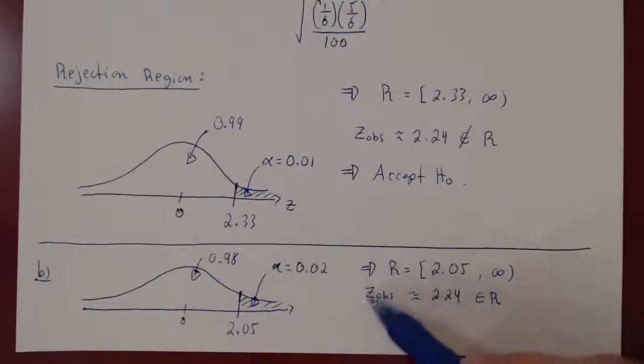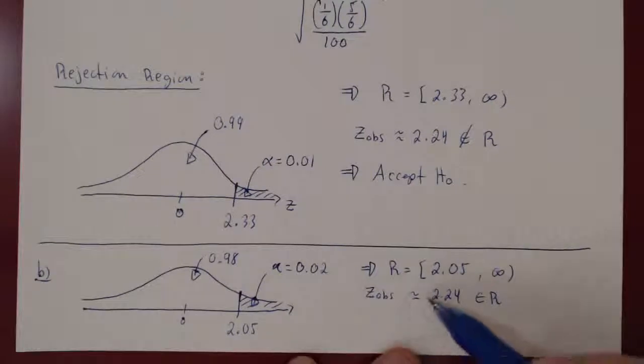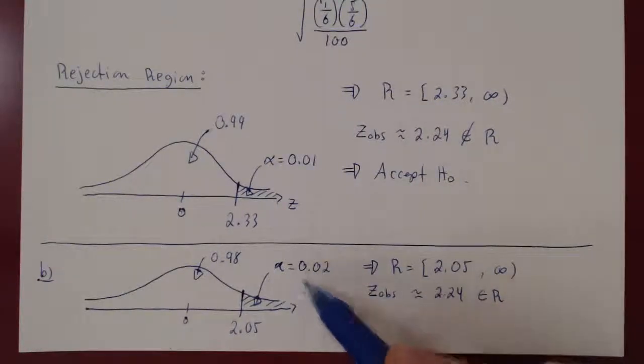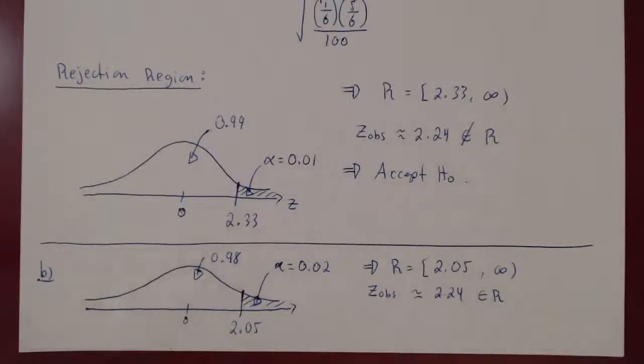So the odds of us observing a value of z of 2.24 are actually less than 2%. And you say, well, that's rather an extreme observation. It's rather an unlikely observation. And so we start doubting the validity of H0, the claim that your friend is not clairvoyant.